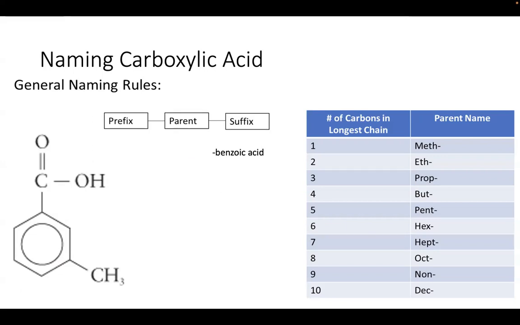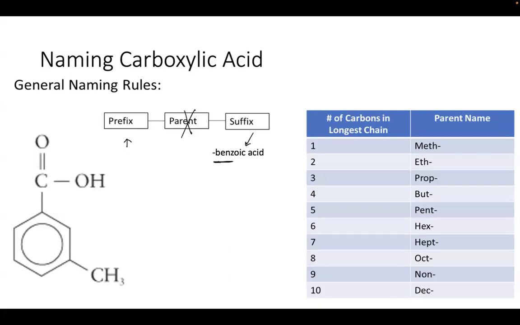And it's so common that they ended up giving it its own suffix. So it becomes benzoic acid. We actually don't have to worry about any parent structure names here because the parent chain is the benz part. We just need to tell the audience what groups come off of it.